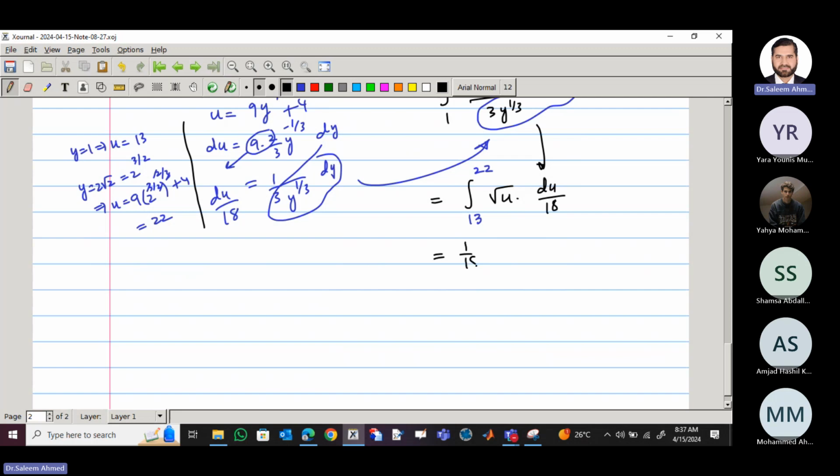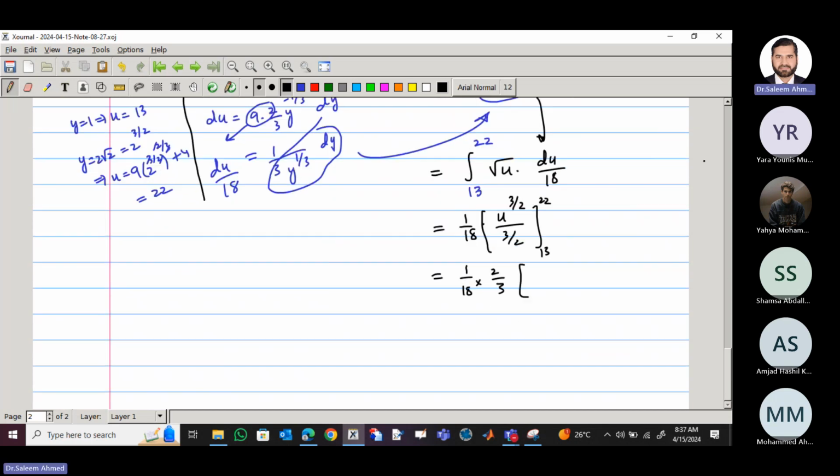So now 1 over 18 is constant. U to the power half will become u to the power 3 by 2 over 3 by 2, from 13 to 22. So now it is 1 by 18 into 2 by 3, and if you replace 22 here, it is 22 to the power 3 by 2 minus 13 to the power 3 by 2.